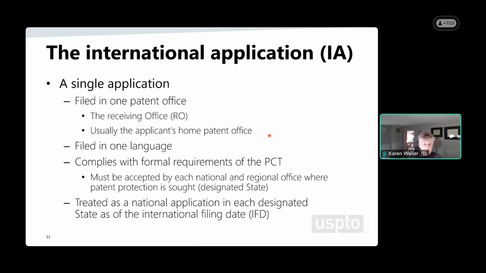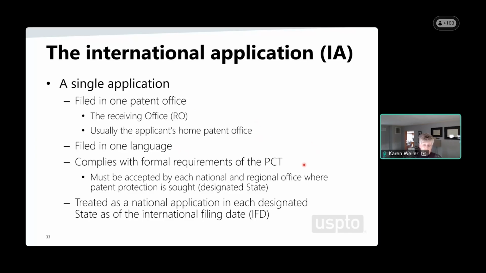And it's usually the applicant's home patent office, so the local patent office. It is filed in one language that is accepted by that receiving office. So for the USPTO, we only accept an application in English, but other countries may accept an application in a different language, in more than one language. So we only offer the one.